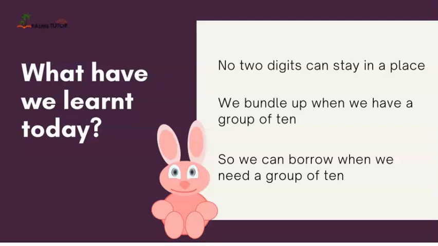No two digits can stay in a place. Keep that in mind. We bundle up when we have a group of 10. So we can borrow when we need a group of 10. Isn't that interesting? We bundle up when we have a group of 10, just like we do in addition with carrying.